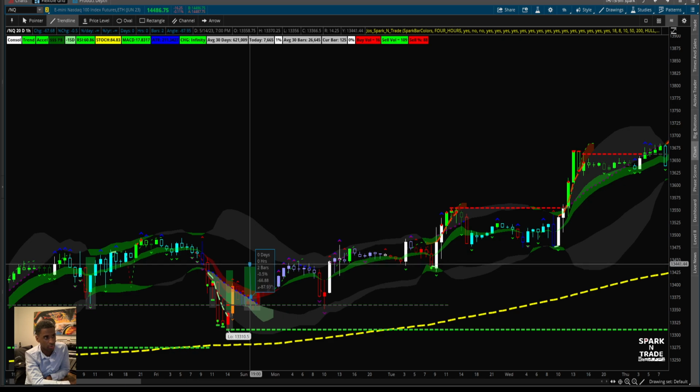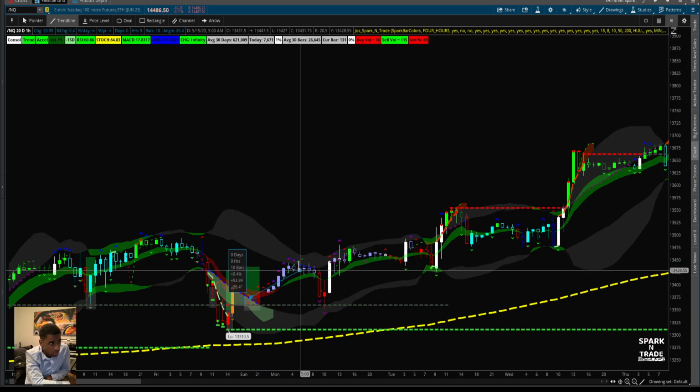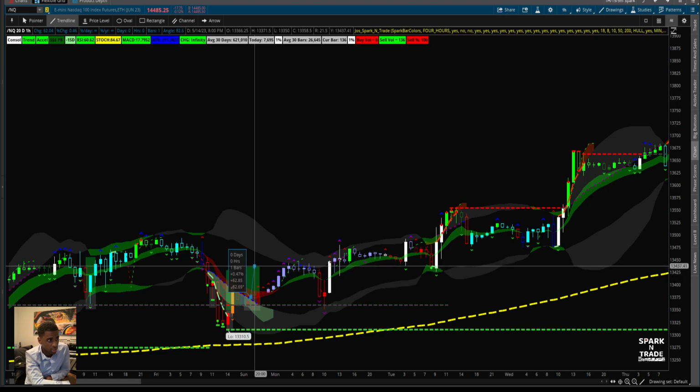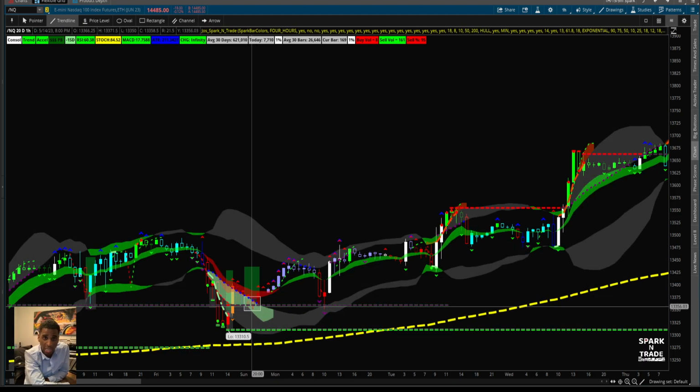So 50 points would be right here. This candle takes you to 50 points, more like 70 points there. That's 62 points to the high, right? So we've definitely cleared the target range that we wanted based off of this setup.